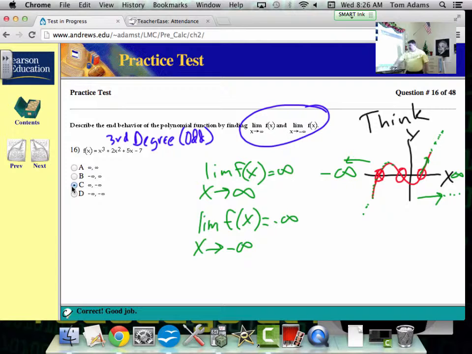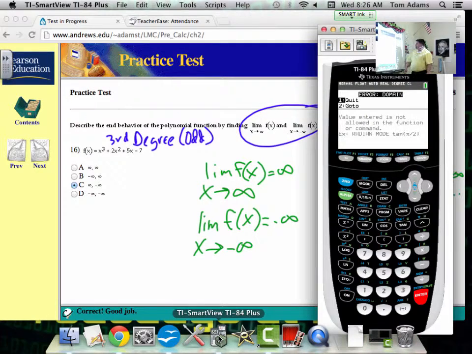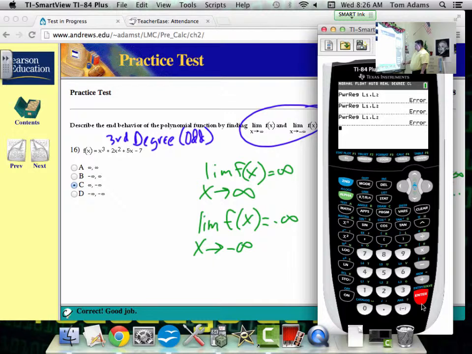Now, what we could do, if we wanted to for fun, what I could do is I could come in here and graph it. Whoops, let's turn that off. If I graph it and I say x cubed plus 2x squared plus 5x minus 7.